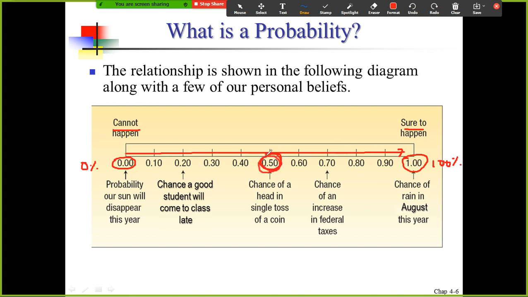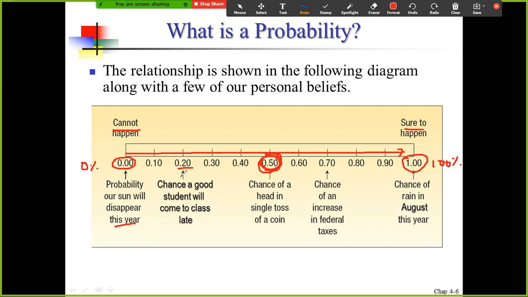Sometimes half. So this is an example of 0%. The probability that our sun will disappear this year is 0. Cannot be. The sun is always coming in the daytime. That's why no sun this year is impossible. Let's say 0.2 or 20%, the chance of a good student coming to class late.